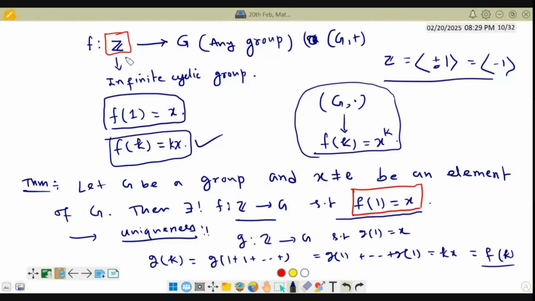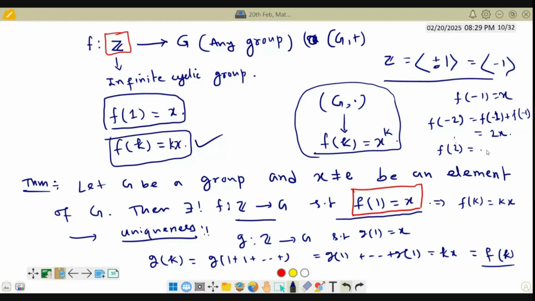From f of 1 you get f of k, so f of k is kx. If you have f of -1 is x, then you get f of -2 as f of -1 plus f of -1, so that is 2x. So for negative values you have positive here. So what will be the value of f of 2 then?